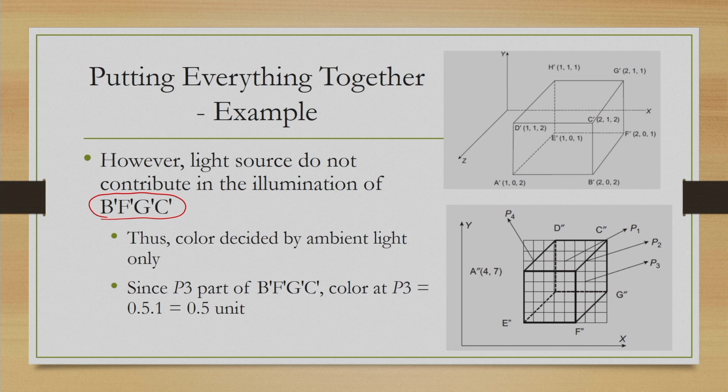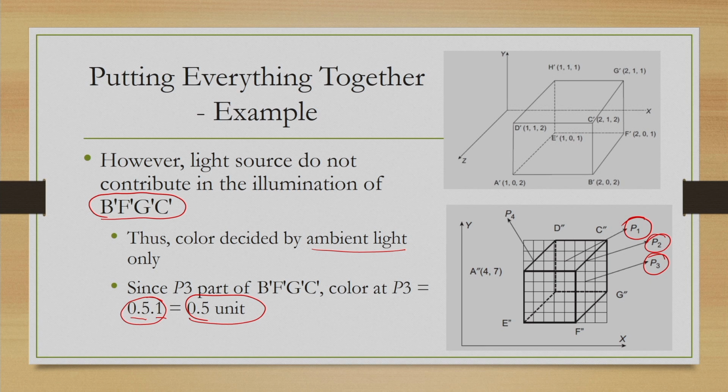So, those two components due to diffuse reflection and specular reflection due to direct light source will be 0, and it will be illuminated only by the ambient light, which is computed using this expression: K into IA, where K is the coefficient value and IA is the intensity, and we get this value. So, these are the values that we have computed using flat shading for P1, P2 and P3.